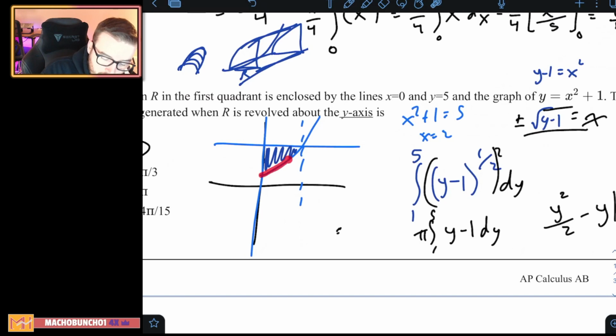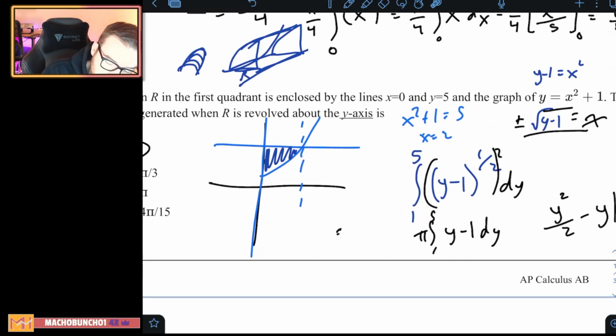This is the positive half. And yeah, so the bounds are from, if you're not sure how I got, I mean, hopefully 5 is obvious because they told us y equals 5. But if you're unsure of how 1 occurred, it's because we were told the equation of the parabola like so, which means the vertex is at 0, 1.